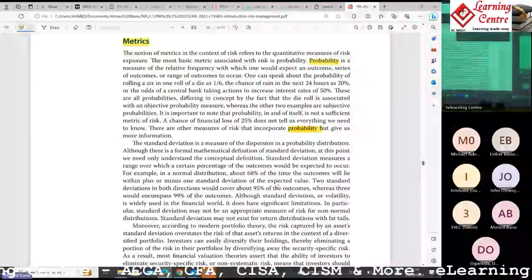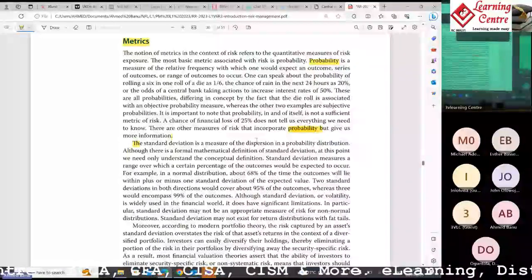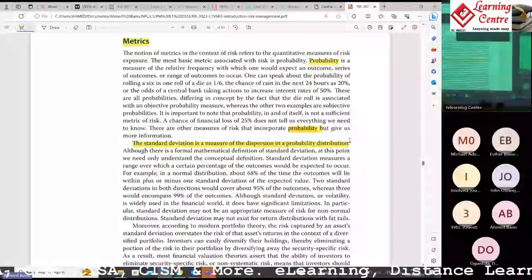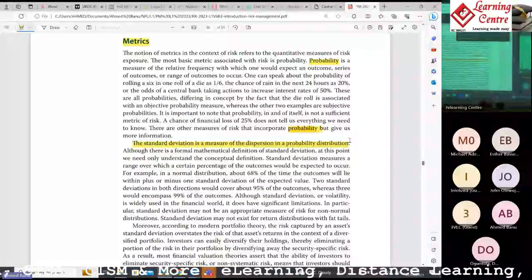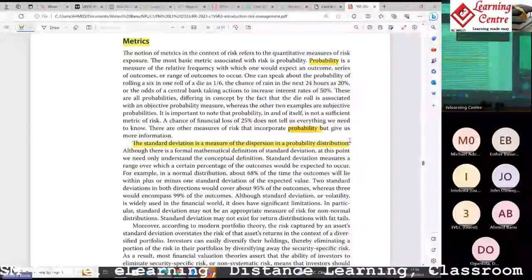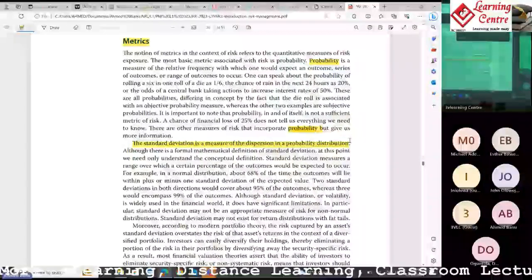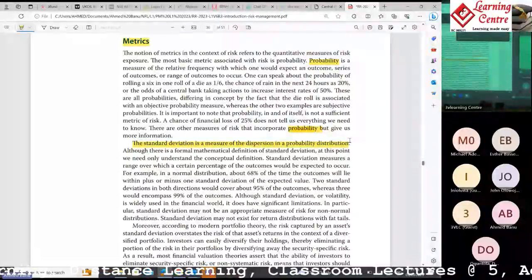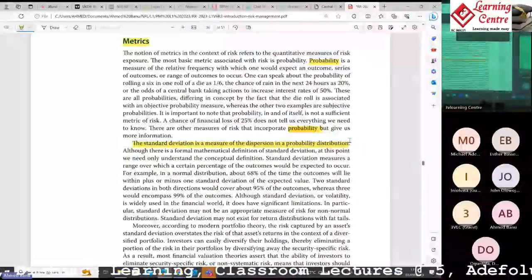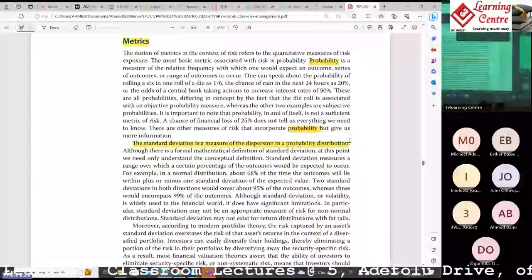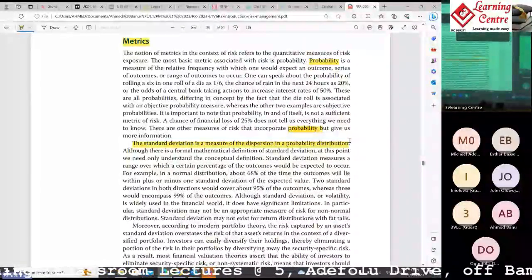In the world of investment, we like to use standard deviation. So standard deviation of returns. Standard deviation is a measure of dispersion. You see all this in statistics in your QM course. That's why I'm not really talking about it. So you know probability, you know about standard deviation and all that. But when you're talking about risk in the investment world, we like to use standard deviation. How dispersed are the variables away from the mean?